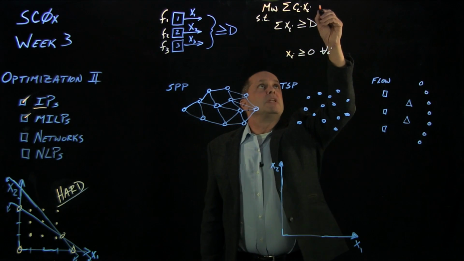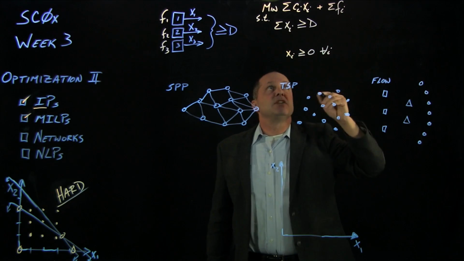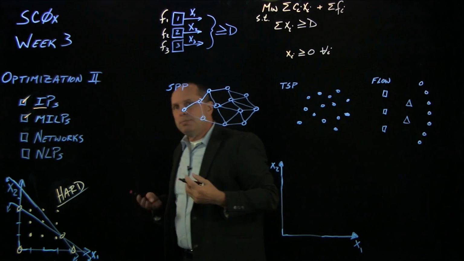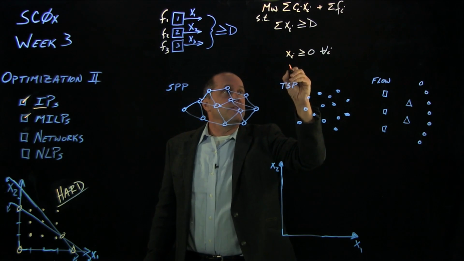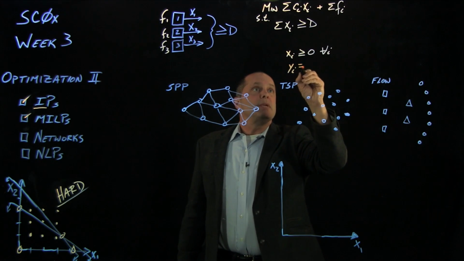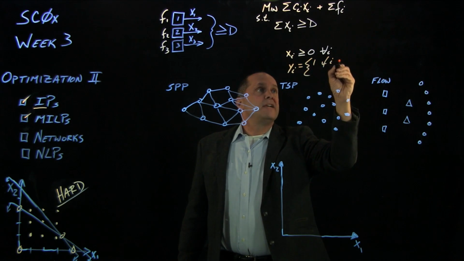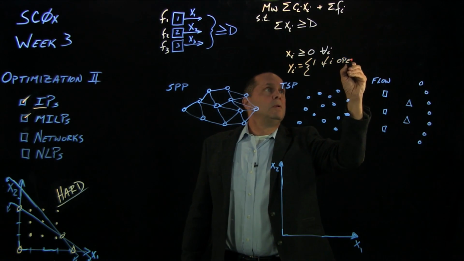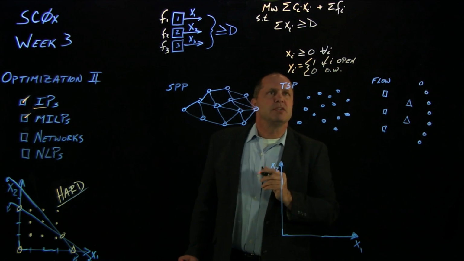Well, we know we do something in the objective function, and I would probably have something like summation of f sub i, but what would I multiply that by? Well, I need a new variable, and this is what's known as a binary variable. So we're going to introduce a variable called y sub i, and this is going to be equal to 1 if plant i is open, 0 otherwise, so any other condition.